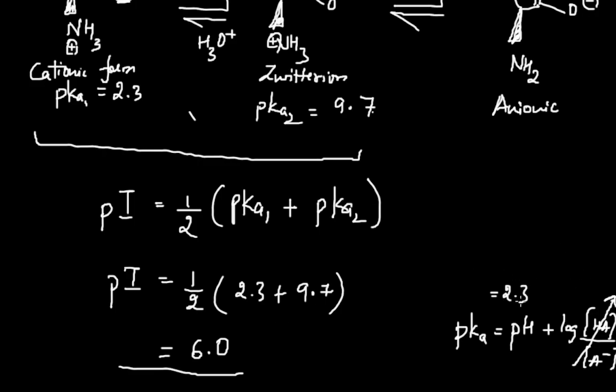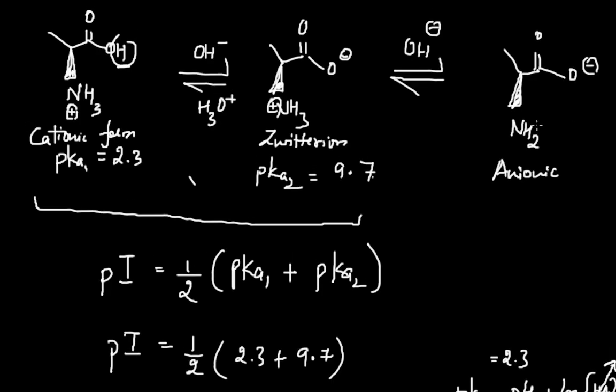So the isoelectric point of alanine is 6.0. Now as we continue to add more base, protons from the aminium group will begin to be removed, until at pH 9.7 protons from half the molecules of these zwitterions will be removed. When further base is added, all the protons from the aminium group will be removed, and you will get its anionic form.